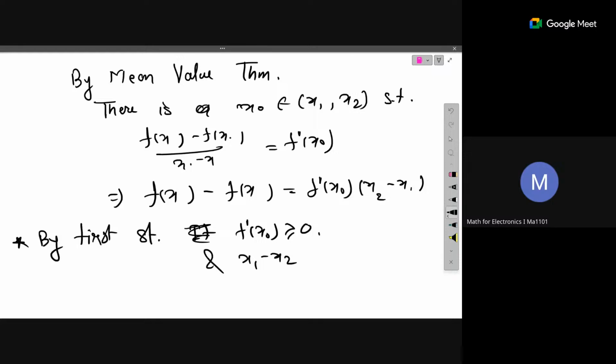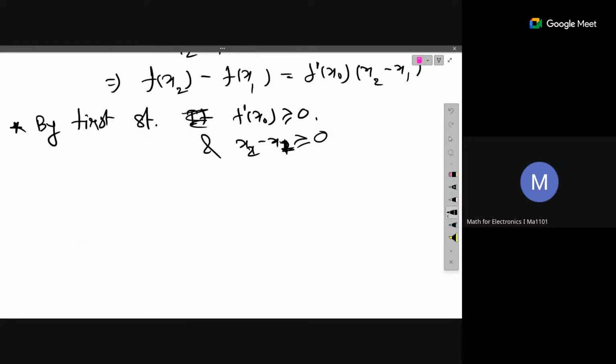Okay. So since x1 is less than or equal to x2, this subtraction is also greater than or equal to 0. And it simply implies that f of x2 minus f of x1 is also greater than or equal to 0. It says that f of x1 is less than or equal to f of x2.